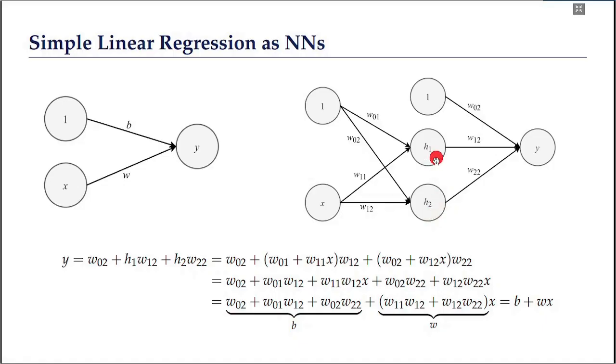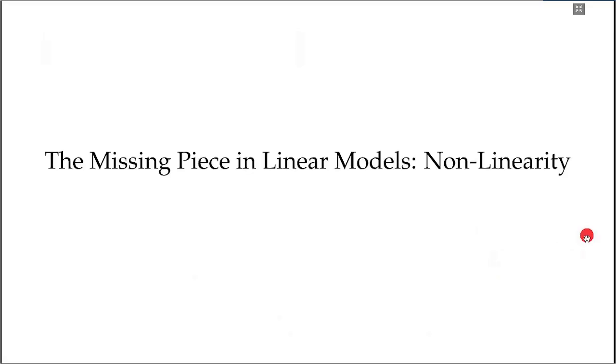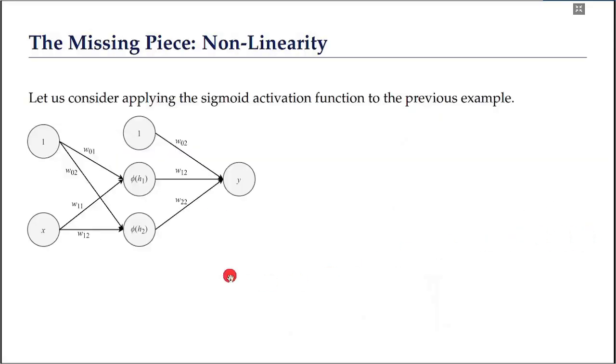Let's consider phi of h1, phi of h2. The constant term is left as it is. So the model will be phi of h1, phi of h2, and everything else is the same. In the hidden nodes, we apply a sigmoid activation function.